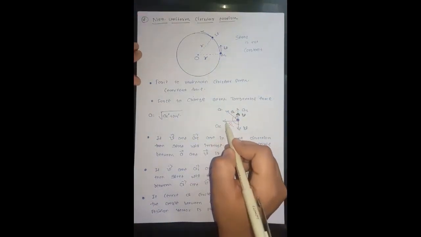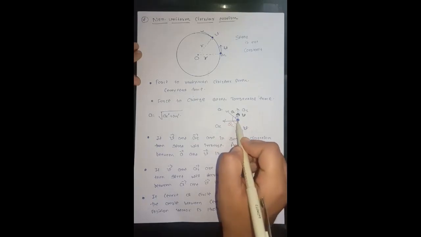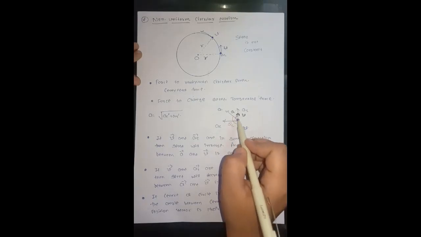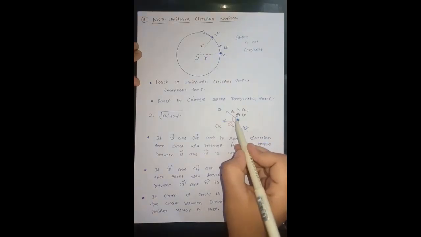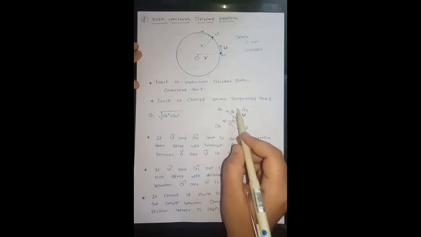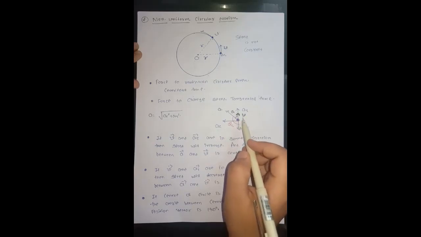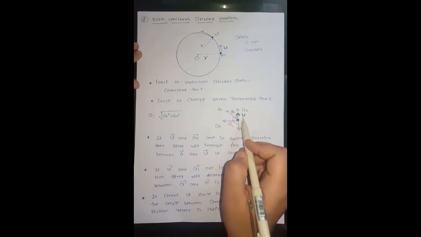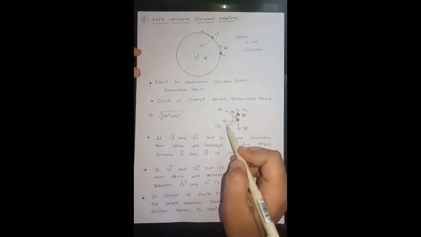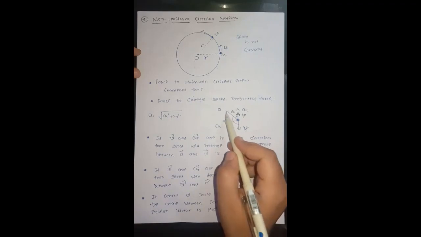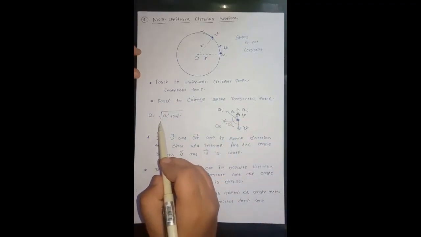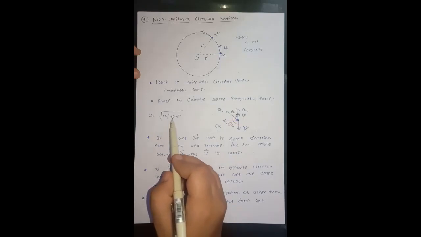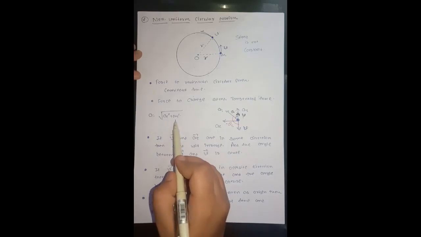Let's see, this is the centripetal acceleration AC and this is the speed. If tangential acceleration is acting in the same direction as that of speed, then the resultant of tangential acceleration and centripetal acceleration will give us the net acceleration. So net acceleration is given by under root AC square plus AT square.